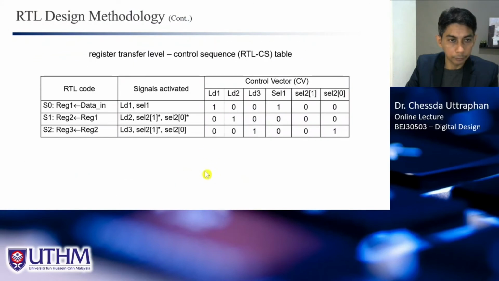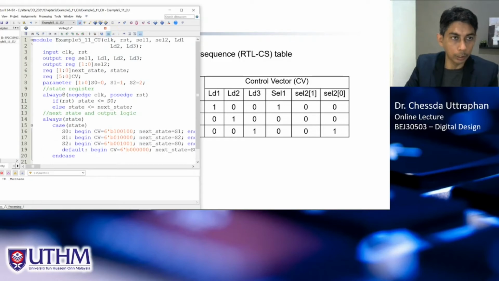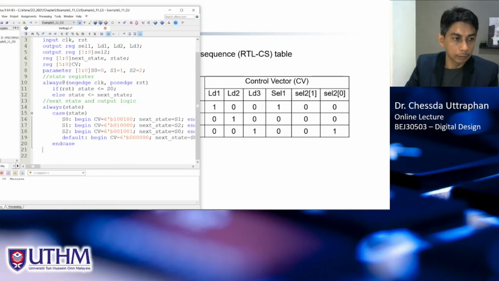Because we use CV here, but the output port uses these names, we need to use the assign keyword. Assign LD1 is actually this one, right? This is LD1, so this is actually CV5.